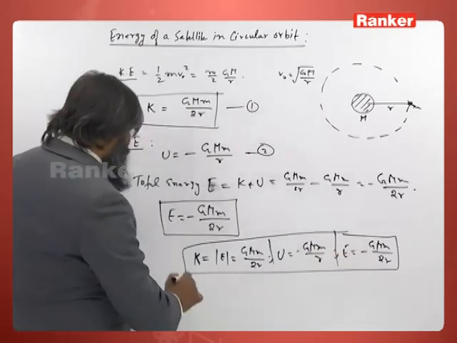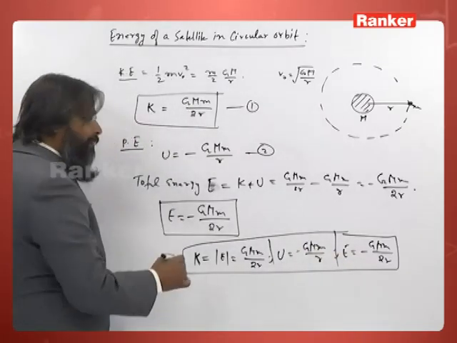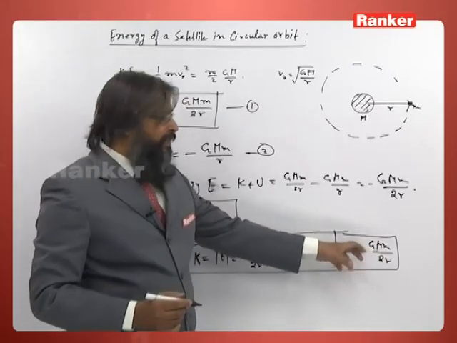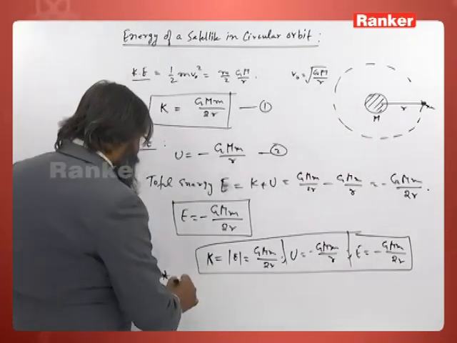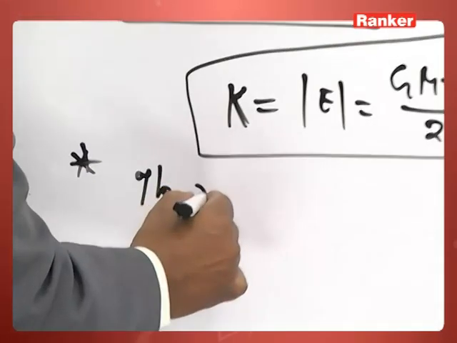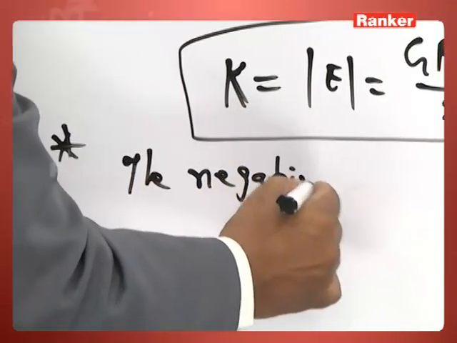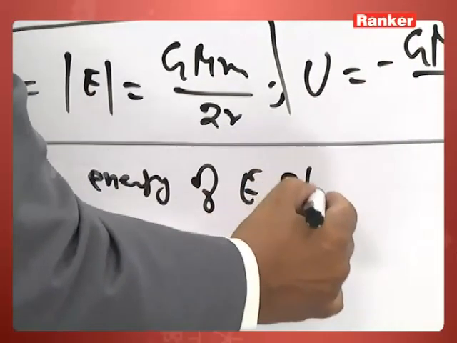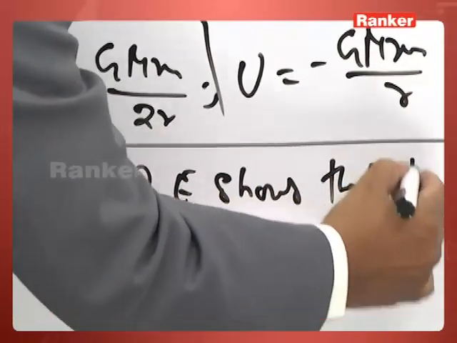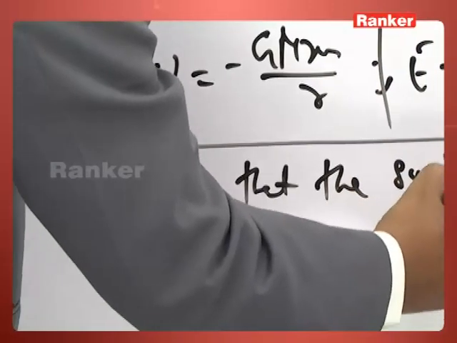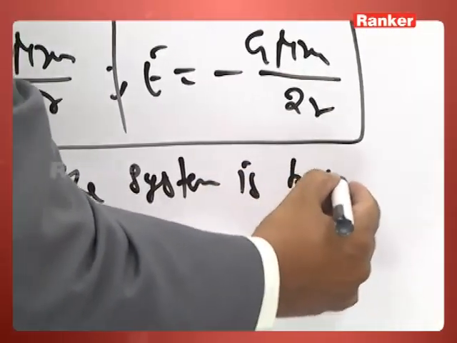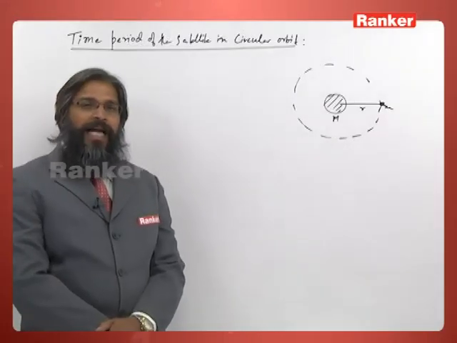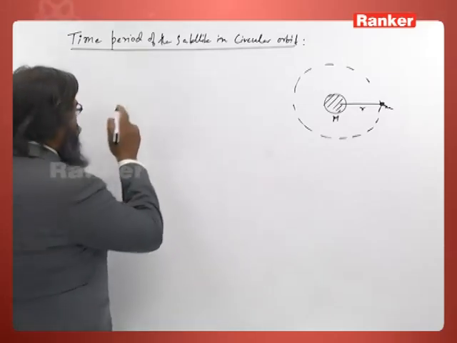Just as a footnote, which I will discuss later on, the negative energy E shows that the system is bounded.